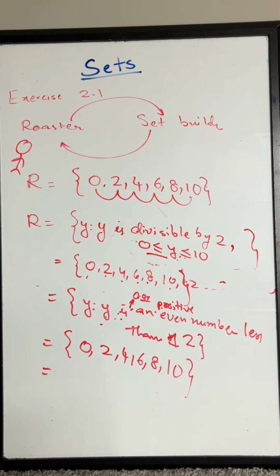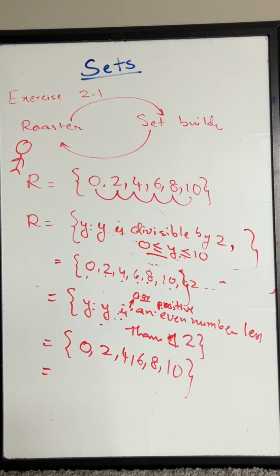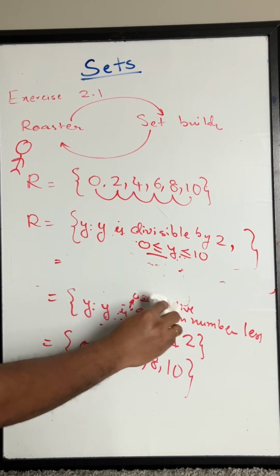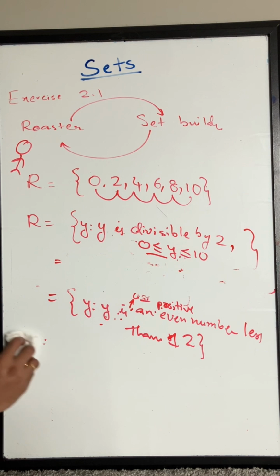Or else, okay, I want to write it in another way. So we learned it as y is divisible by 2, and y is 0 or positive number. Okay, I'll try to write it in a different way.